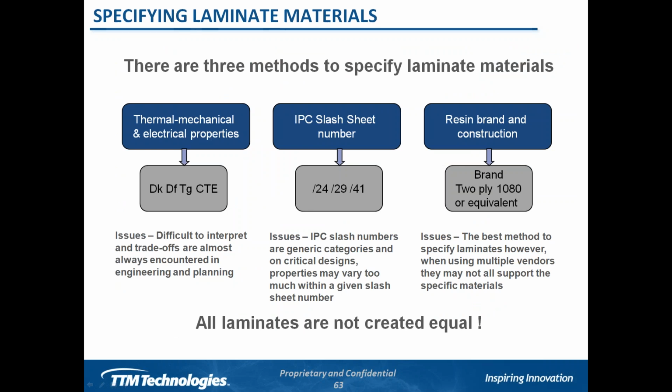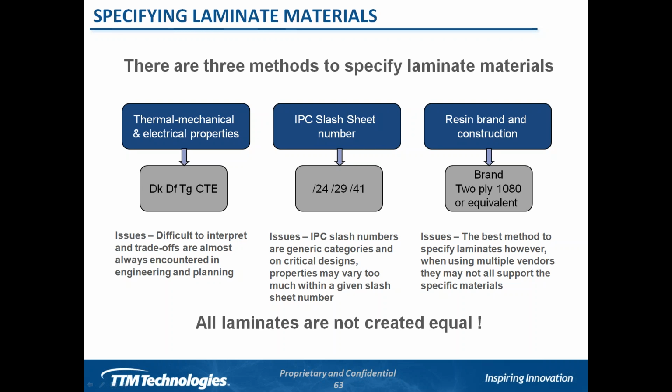But as you get to much higher speed designs or designs that cannot afford to have variation from fabricator to fabricator, then you start to supply us with documentation that shows the material set, the glass style of the prepregs or the laminates, number of plies, and you get into a much more detailed requirement.